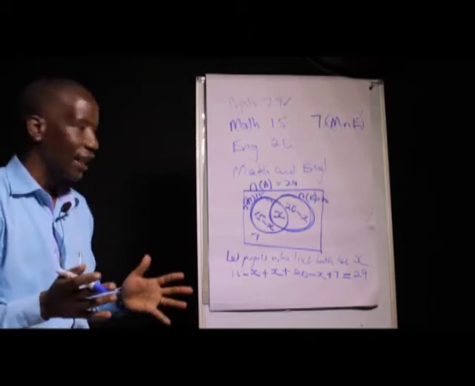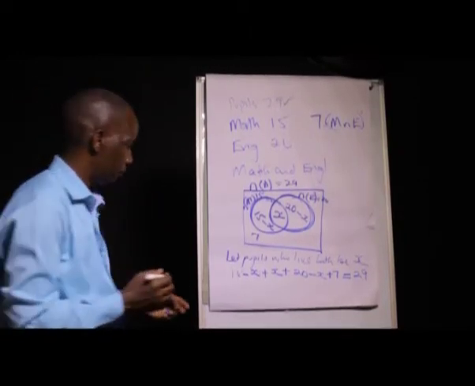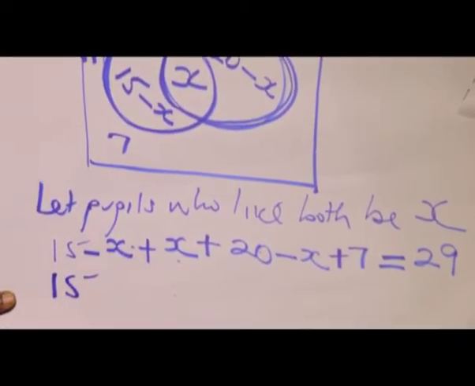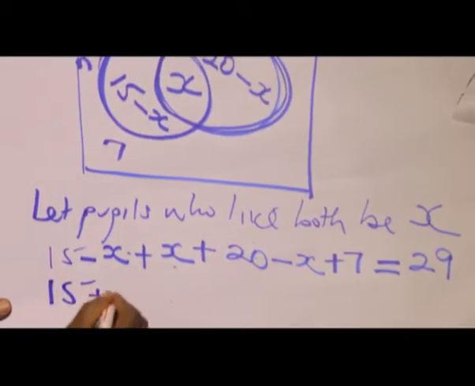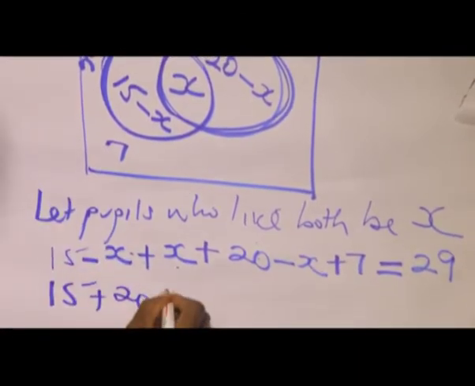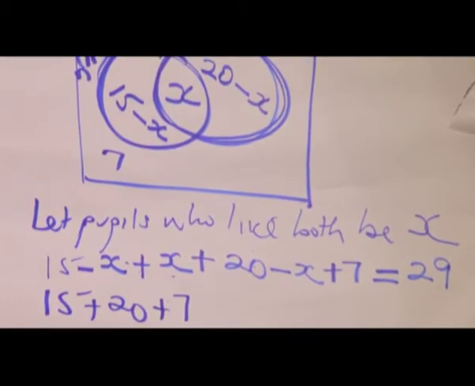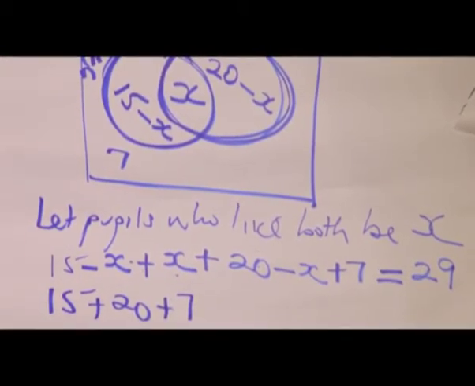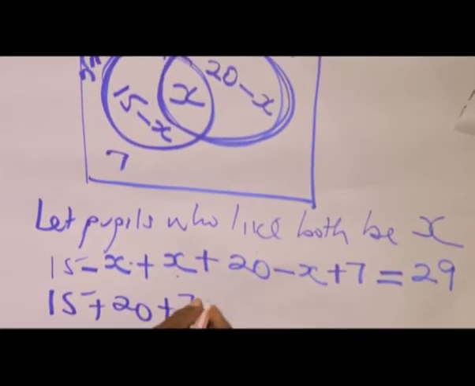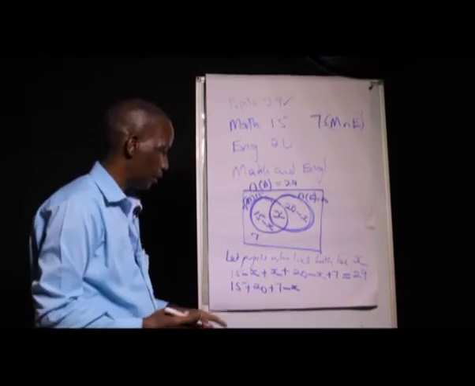We are going to collect like terms as we learned in algebra in our P5. Like terms together, 15 plus 20 plus 7. These are whole numbers, so we call them like terms because they are the same. Then we can add on the unknowns. The unknowns go with their signs.